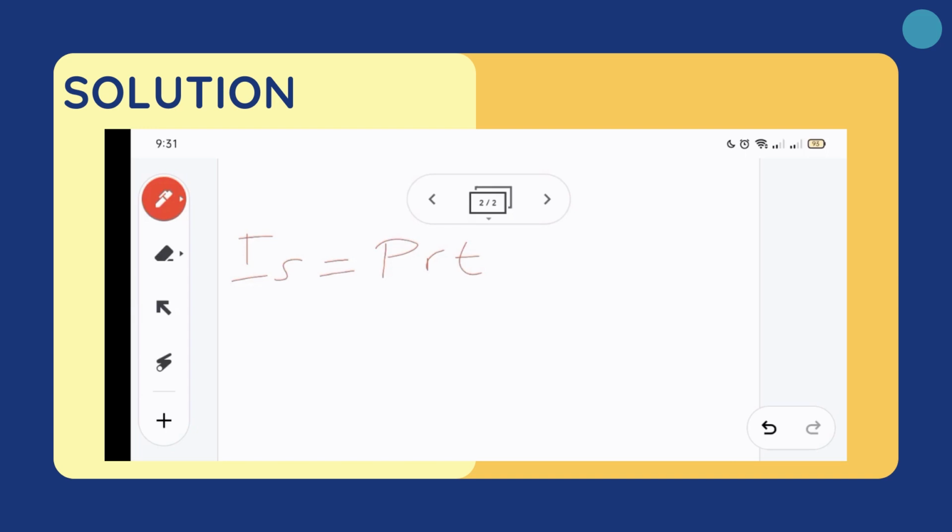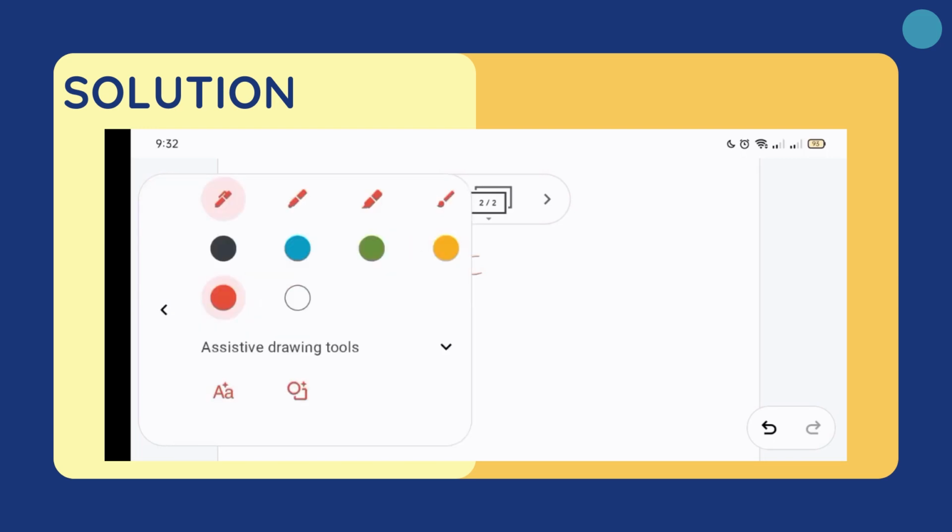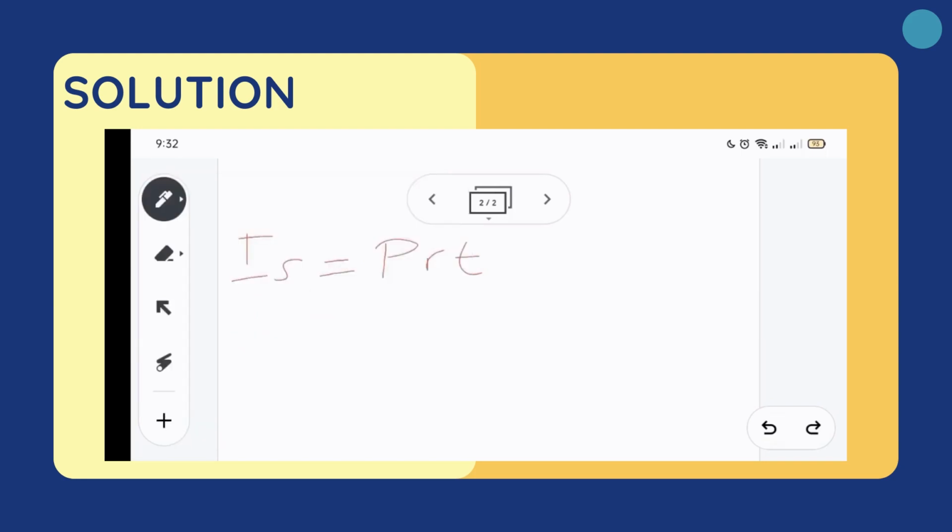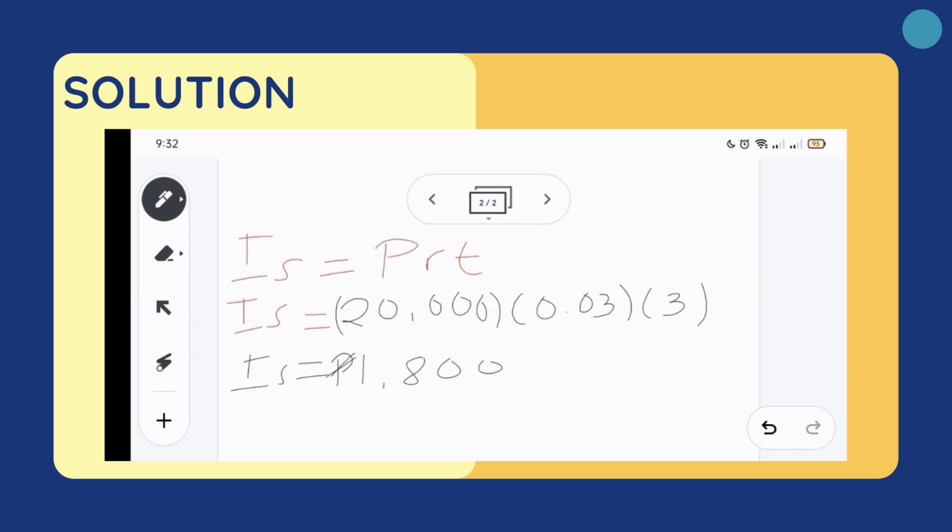So substitution. I_S equals 20,000 times 0.03 times 3, and it will be I_S equals 1,800 pesos.